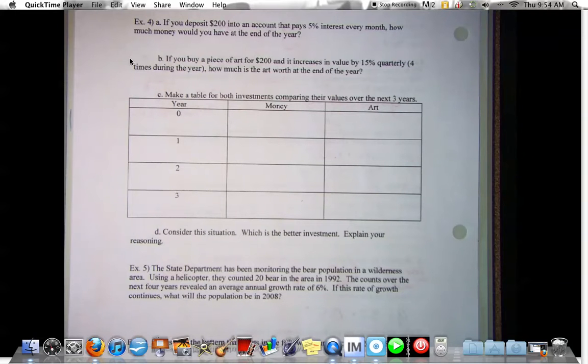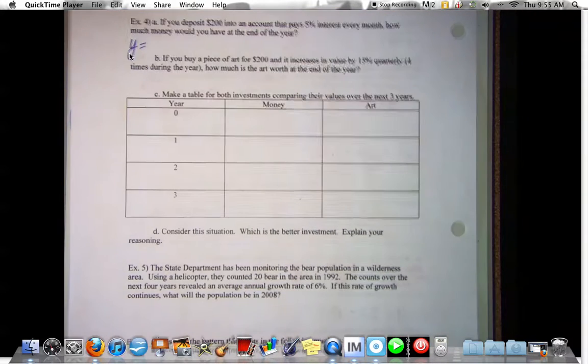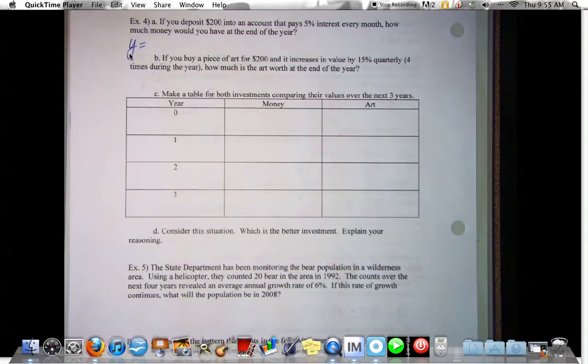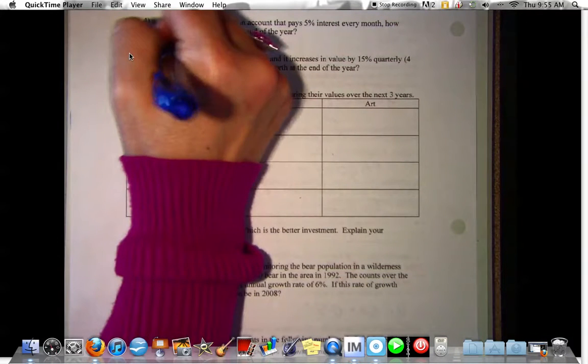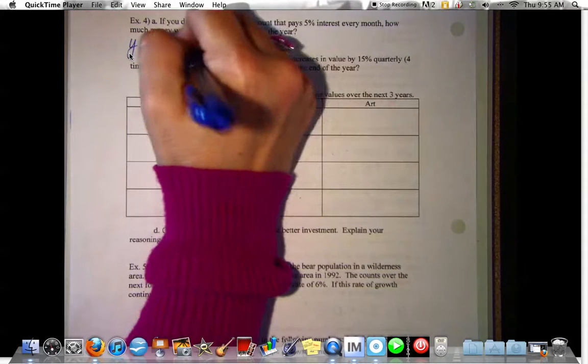If you deposit $200 into an account that pays 5% interest every month, how much money would you have at the end of the year? So let's write the equation. What's our initial investment? $200. 1.05.